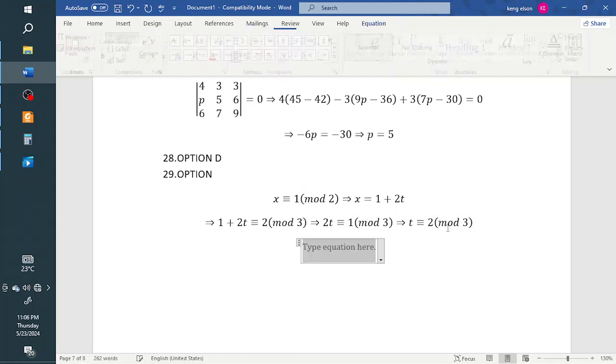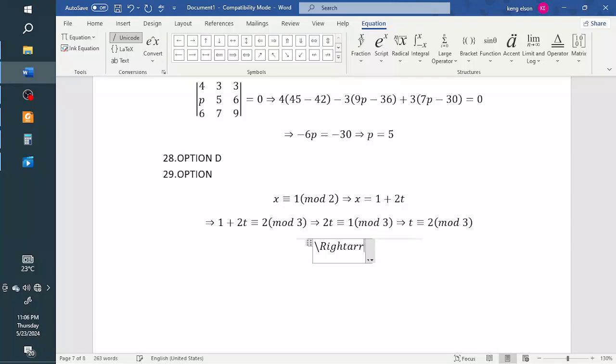Now if t is congruent to 2 mod 3, it means that t is equal to 2 plus 3s. If we are converting into linear, x will be equal to 1 plus 2 times t, which is 2 plus 3s. So we have 1 plus 4 plus 6s, which means that x is equal to 5 plus 6s.